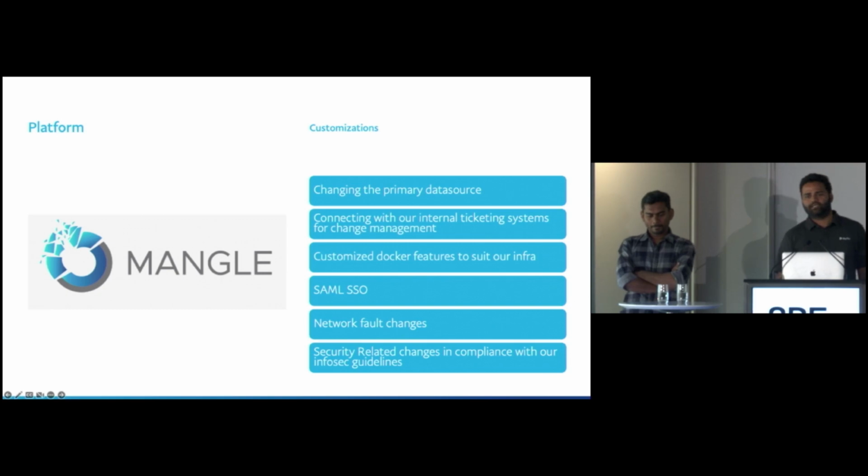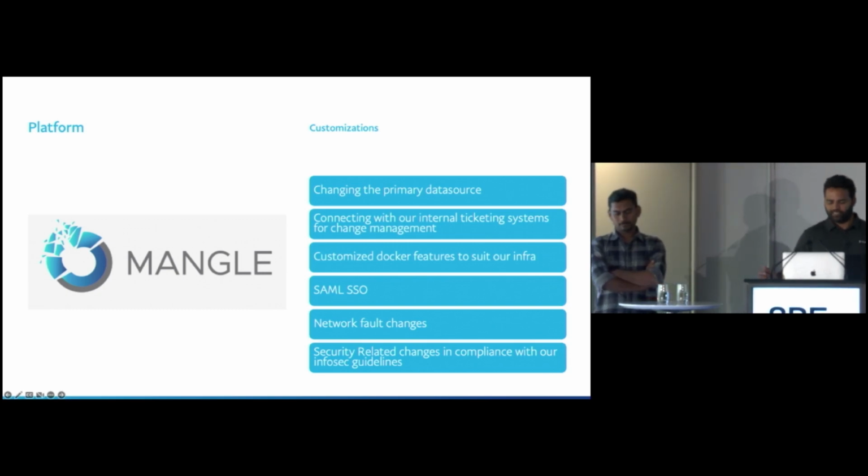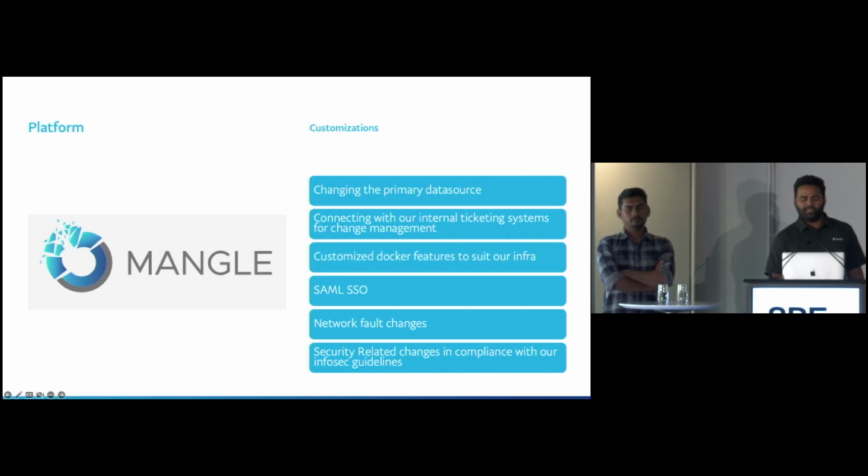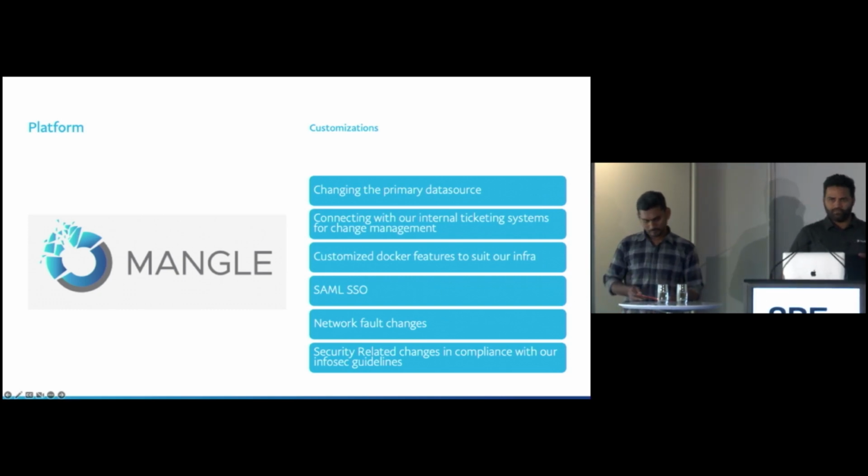And also the network fault changes, as Venkat mentioned, the packet loss and all those things. We had to make some changes there. And finally, we wanted to open up this platform internally in our company, so we also integrated SAML SSO with different identity roles, so that we have the right ACLs in place when people want to execute chaos.